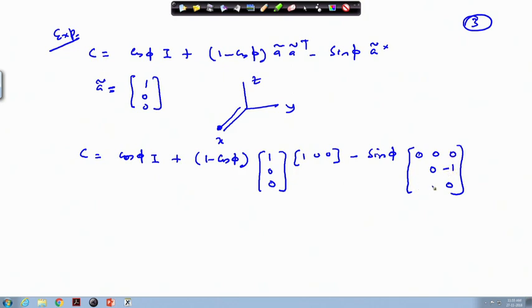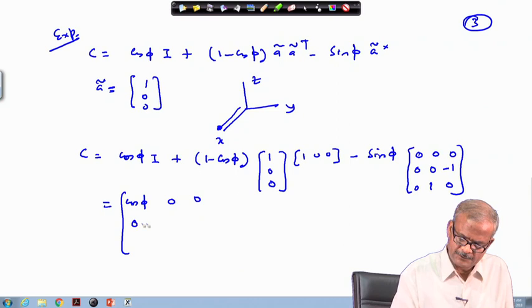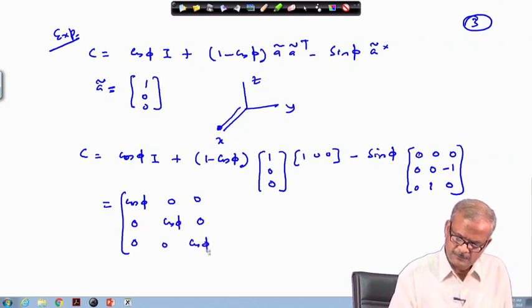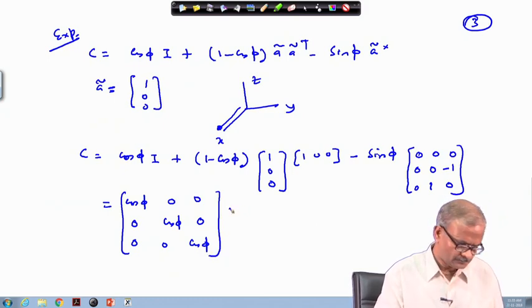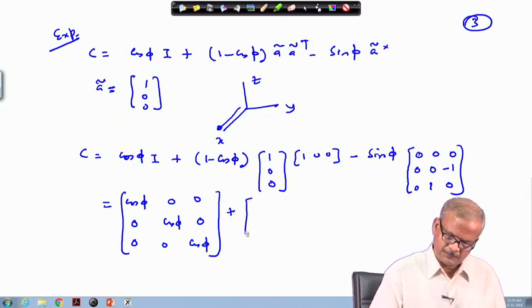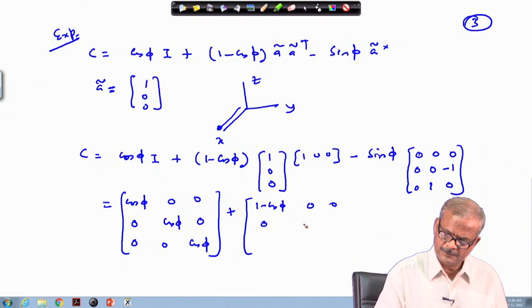So, this is minus 1, and here we are getting for that reason 1, all other terms are 0. And if we add all of them, so this is your cos phi 0 0 0 cos phi, and this will give you only one term here, 1 minus cos phi, and the rest of the terms will be 0.